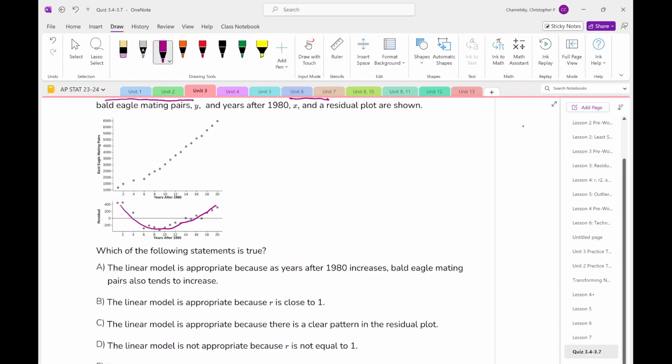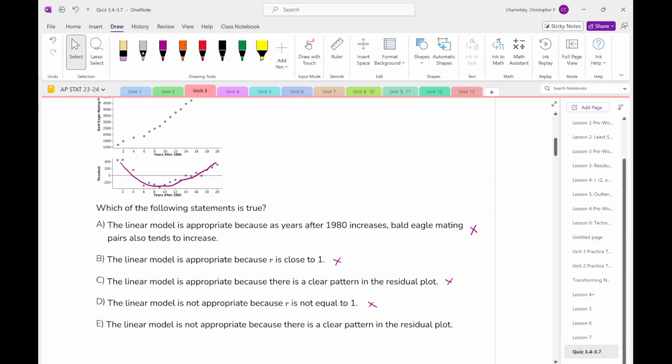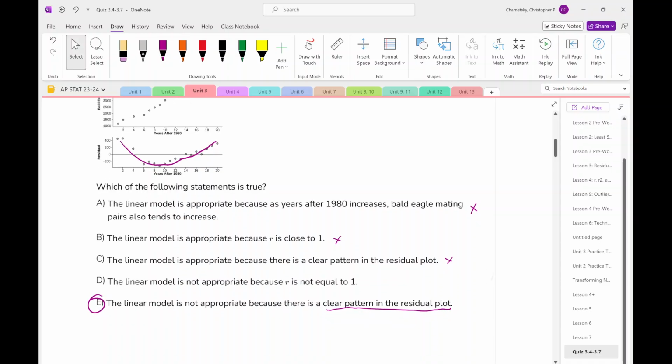So A is incorrect, B is incorrect, C is incorrect, D is incorrect. The linear model is not appropriate. So it's either D or E, and the reason that it's not appropriate is the clear pattern in our residual plot. So the correct answer is E.